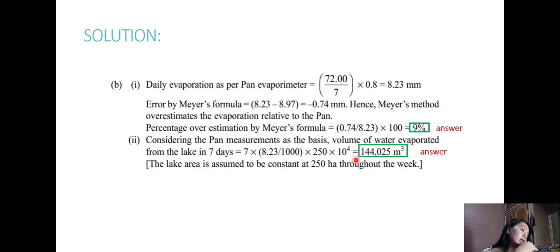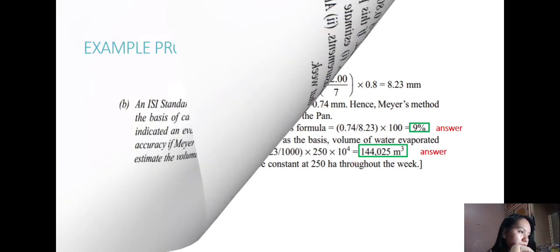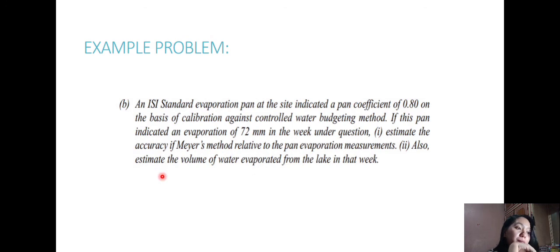We get 144,025 cubic meters. That is the estimated volume of water evaporated from the lake in that week.